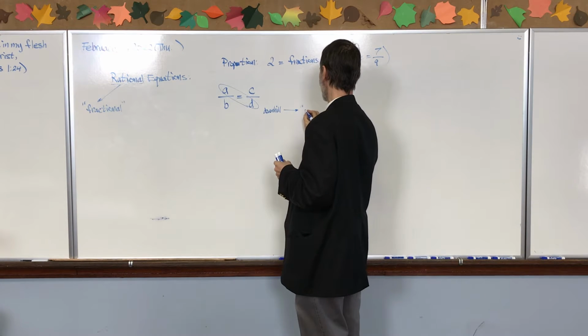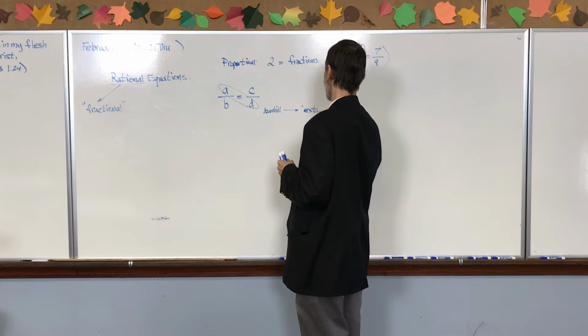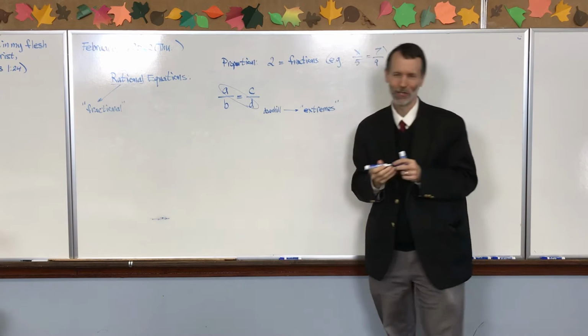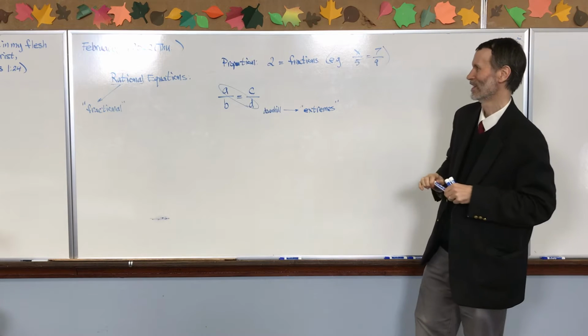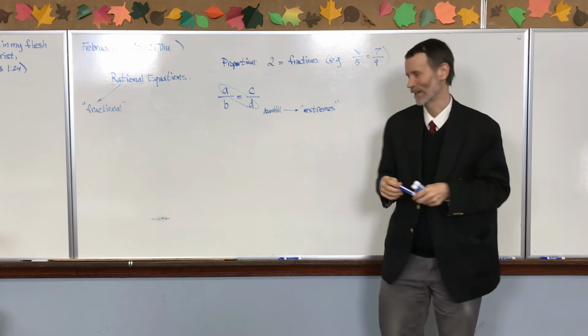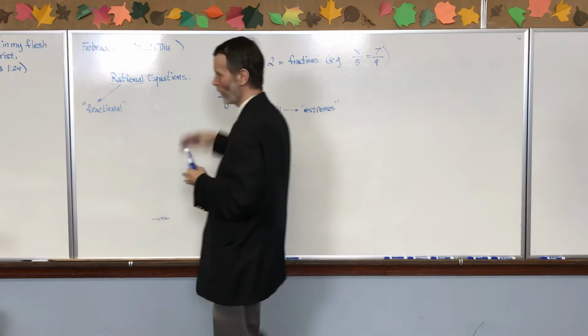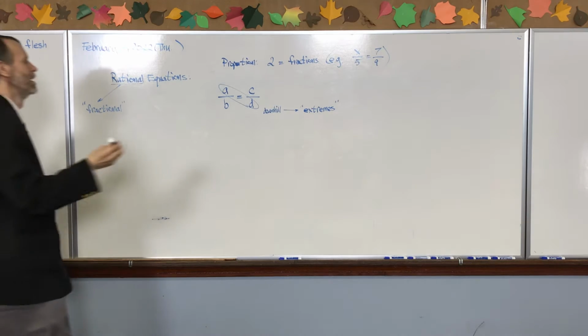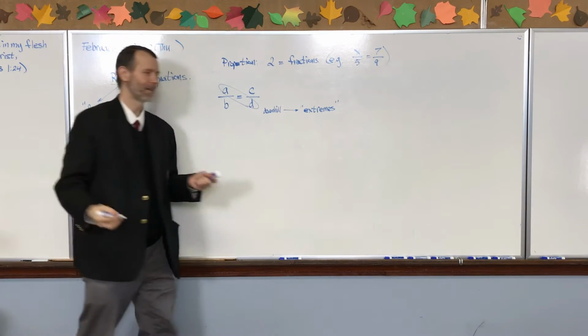They're called extremes. A and D are what are called the extremes in that proportion. I'll show you a way to remember that in a second. But if you have a proportion, which is always 2 equal fractions, the ones going downhill are called extremes.